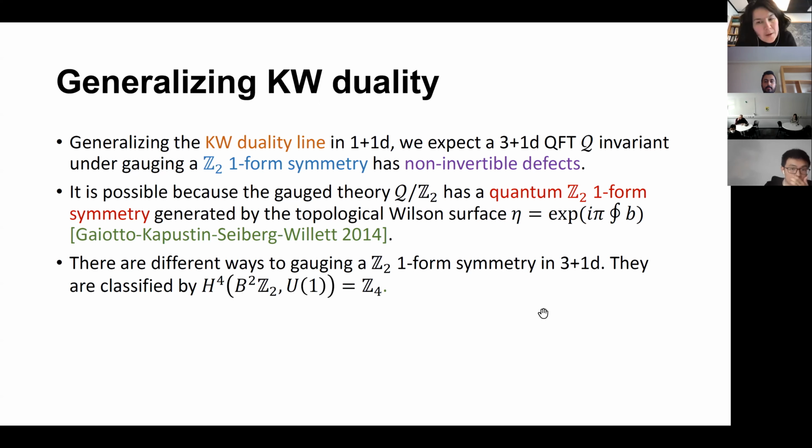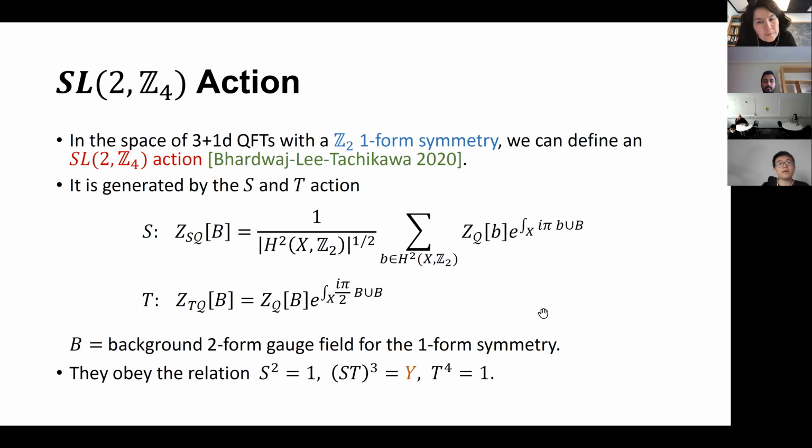So let me now discuss a little bit more about these gauging operations. On the space of 3+1d QFTs with a Z2 one-form symmetry, we can define an SL2 Z4 action in general, as pointed out by this paper. And the idea is as follows. We can define 2 operations, S and T. The S operation is just gauging the symmetry.